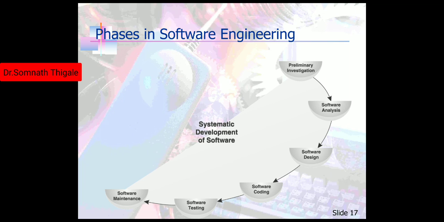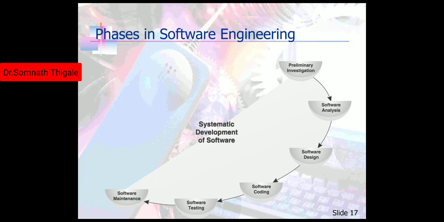And white box testing, as the name suggests, the box is open to you, meaning the structure inside the box is open to you: the code, the programming language, everything. Inside that, you are going to check the control flow and the data flow. These are the methods to perform white box testing.